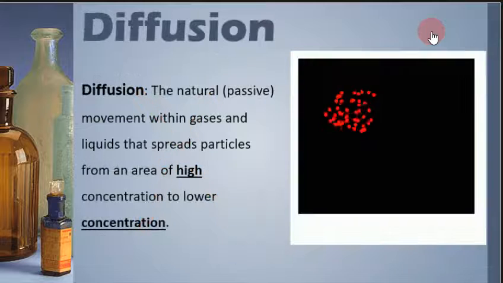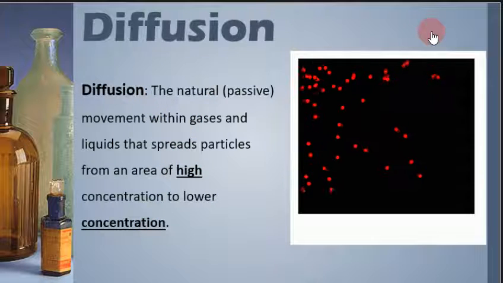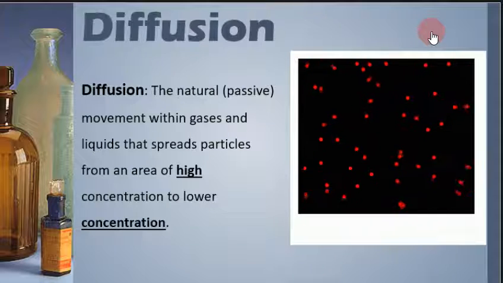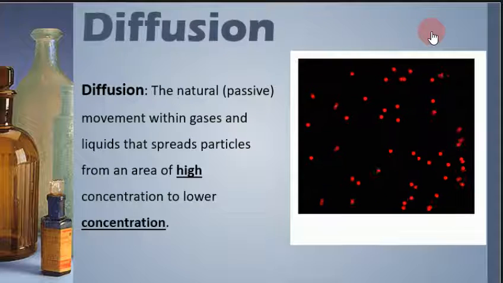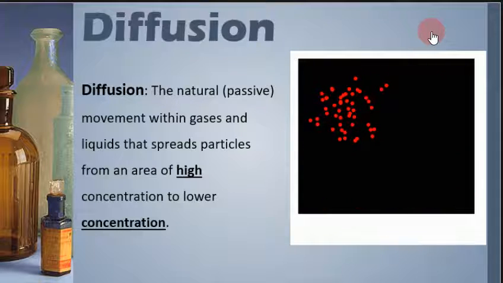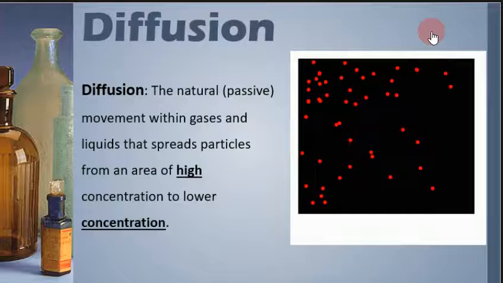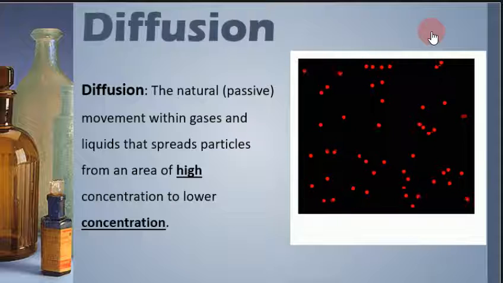I can't draw, I'm sorry. Diffusion is the natural movement within gases and liquids that spreads particles from an area of high concentration to low concentration. That's the popcorn smell coming from the kitchen where it's very concentrated, all the way to this room where it's low concentration. Gases are always moving away. Liquids are too. If I spilled water onto the floor, it would spread out.